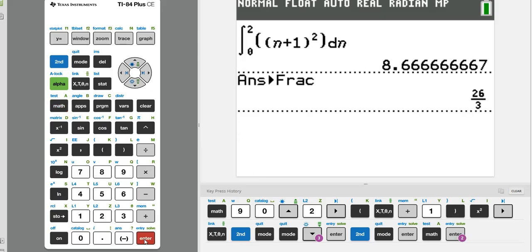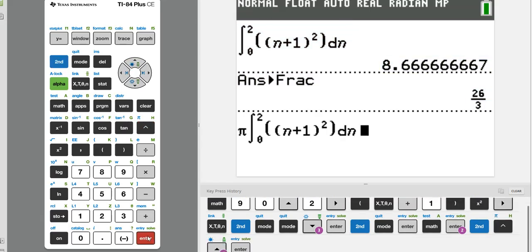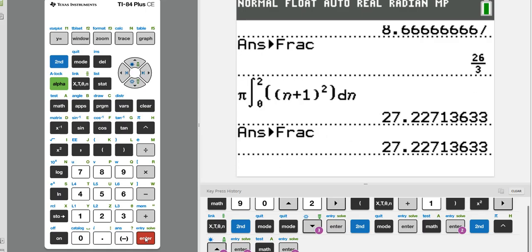Well, that's a great question. Suppose I put in pi with my integral. So let me go back here and type in a pi, and then let's go up here and grab the integral. If I do that, and then I hit the math key, answer to fraction, it can't figure it out because it's no longer a fraction.